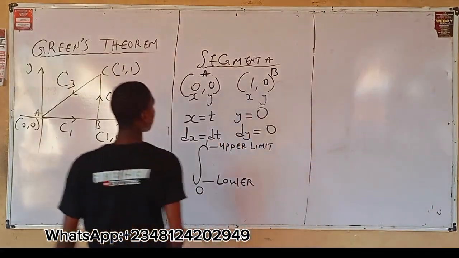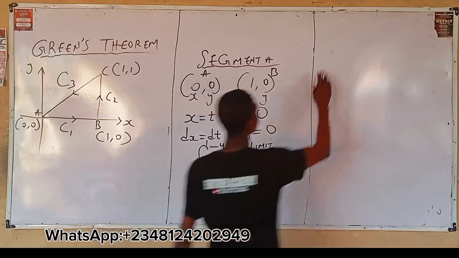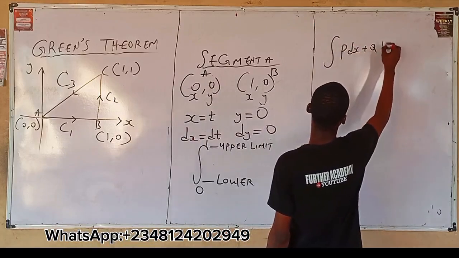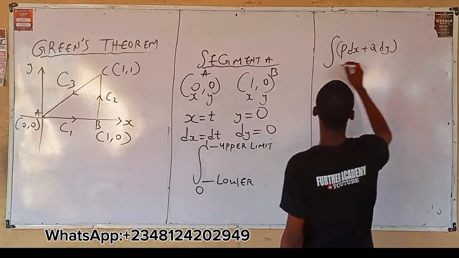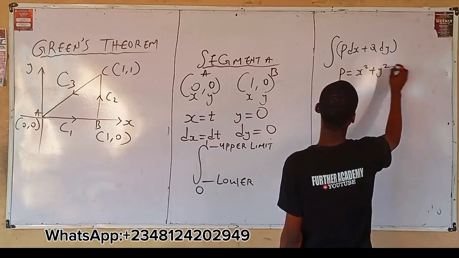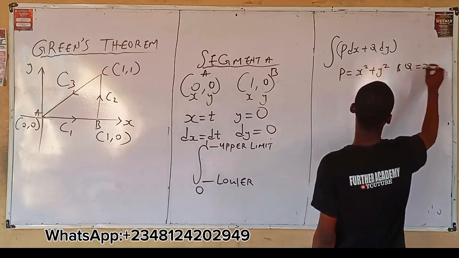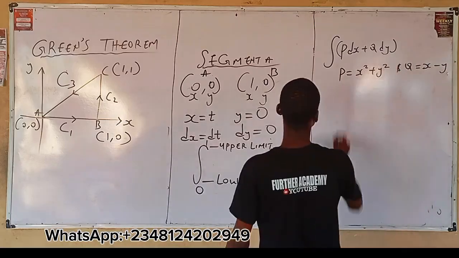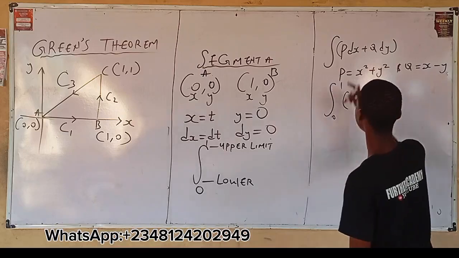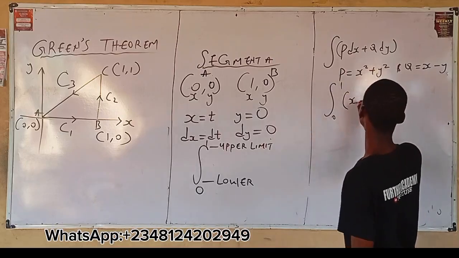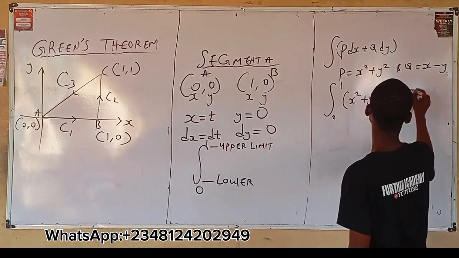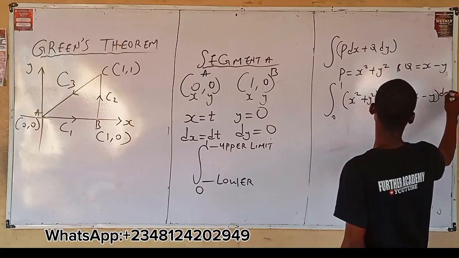Now from here, your formula for line integral, which is integral Pdx+Qdy, right? Then from here, P is given to be x squared plus y squared, and Q is given to be x minus y. Now substitute. You have your limit to be 0 to 1, all into bracket your P, x squared plus y squared dx plus your Q, x minus y dy.